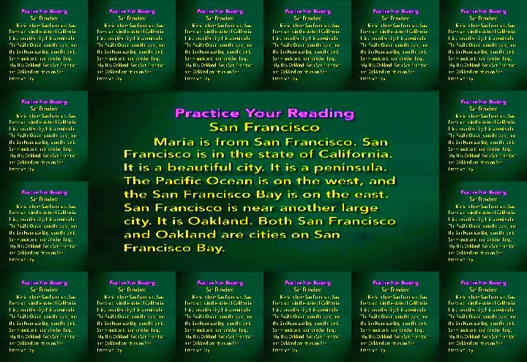It is a peninsula. The Pacific Ocean is on the west, and the San Francisco Bay is on the east. San Francisco is near another large city. It is Oakland. Both San Francisco and Oakland are cities on San Francisco Bay.